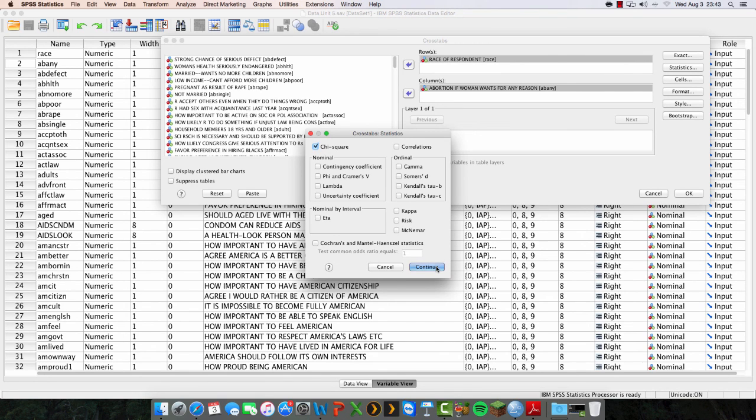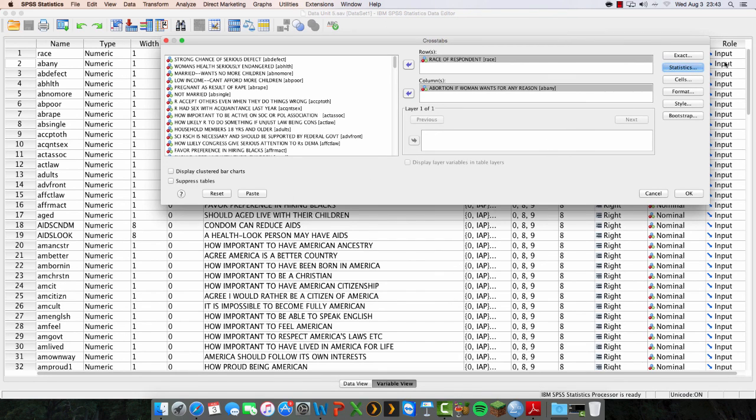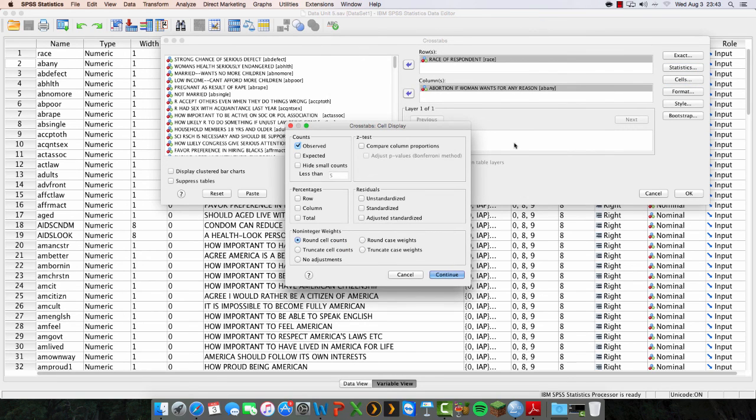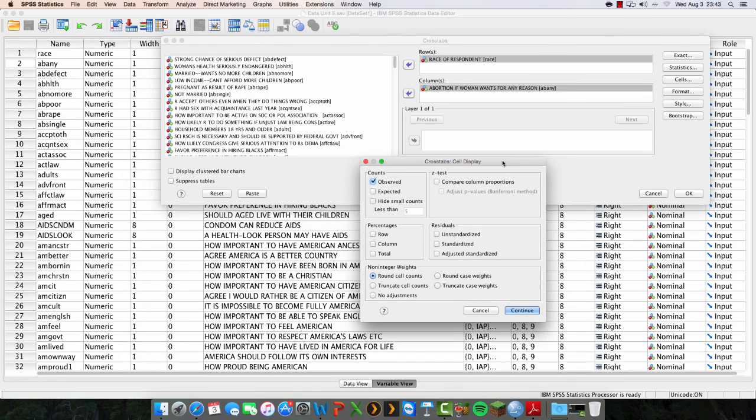So hit continue. Then I want you to go to cells, and this is something I want you to pay attention to. We are very interested in our study here at looking at the differences between races. So when we look at this, we want to make sure that the way we read the table makes comparable sense in terms of the amounts in question.